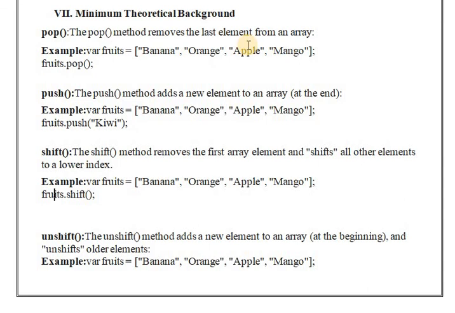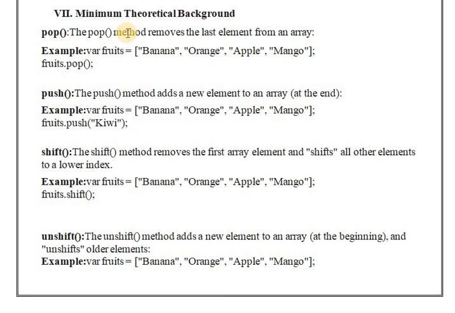Basically, there are mainly two ways to declare an array. By literal we can declare an array, or by creating an instance of an array, meaning by using the new keyword we can create an instance of an array. And array literal takes a list of array values separated by commas and enclosed in square brackets.